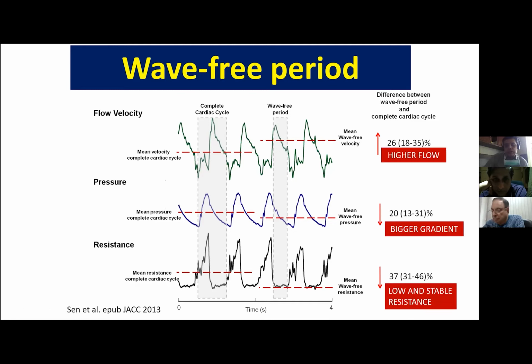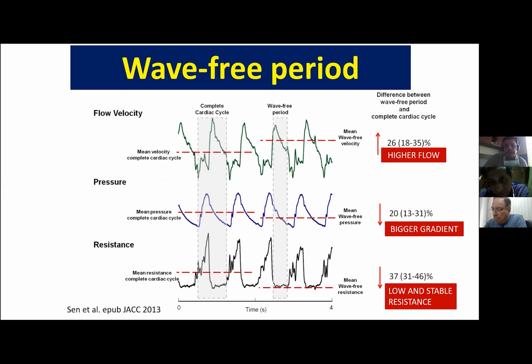This period is approximately 25% after the onset of diastole and 5 milliseconds before the end of diastole, where you have a higher flow, a bigger gradient, and low and stable resistance.